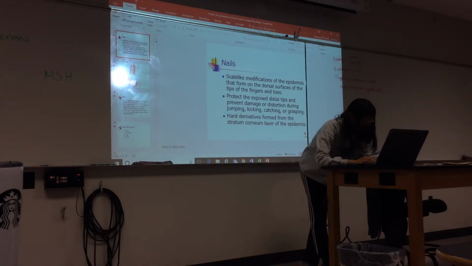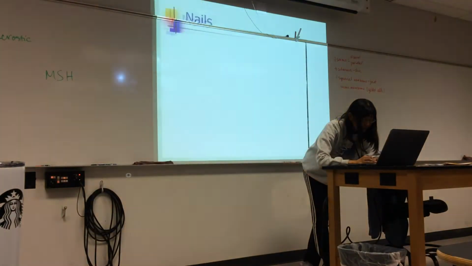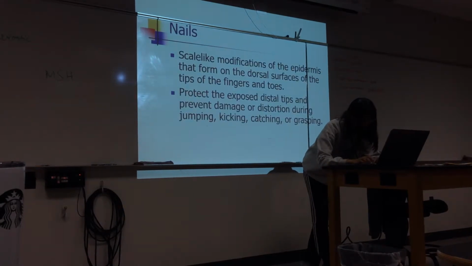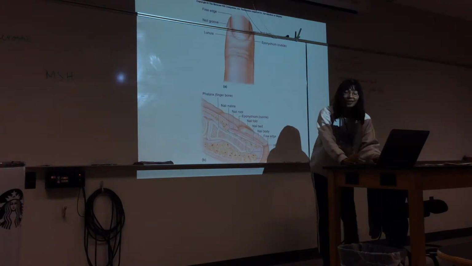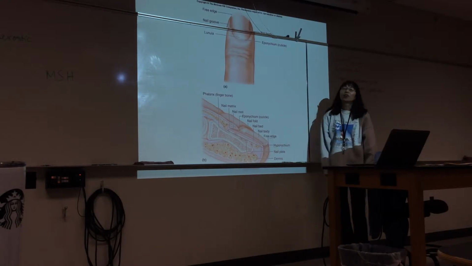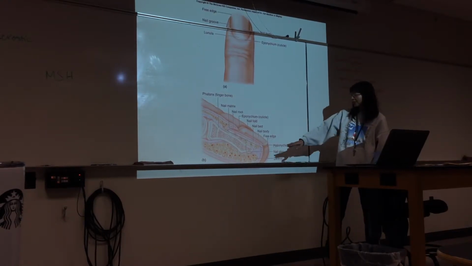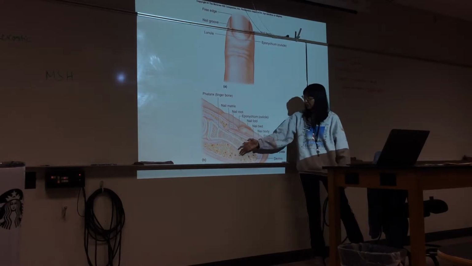Now what else is on the skin? Nails. We are not a beautician school, so I'm not going to go into a whole lot of detail, but here's a cut through a finger.